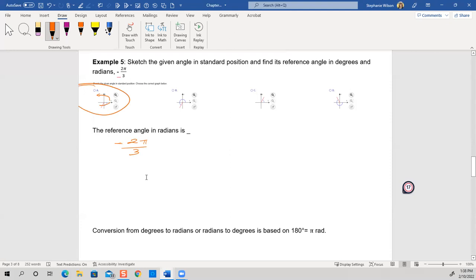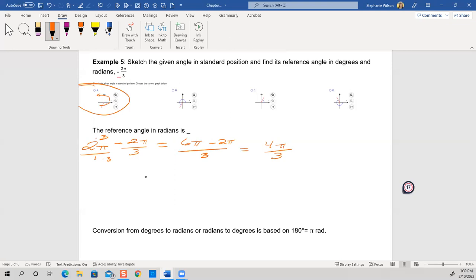So we came from this direction, so I'm going to say it's going to be 2 pi. We're going to take 2 pi minus that. I'm going to write it like that because we need a common denominator, which is 3 in this case. So now I got 6 pi minus 2 pi all over 3. This gives me 4 pi over 3. So that should be my reference angle.